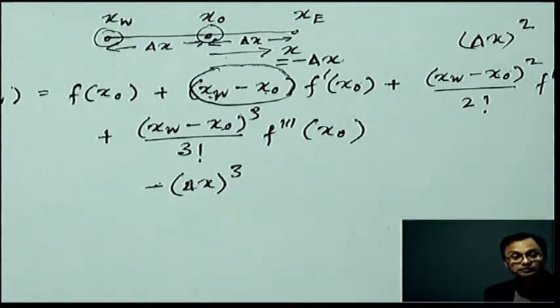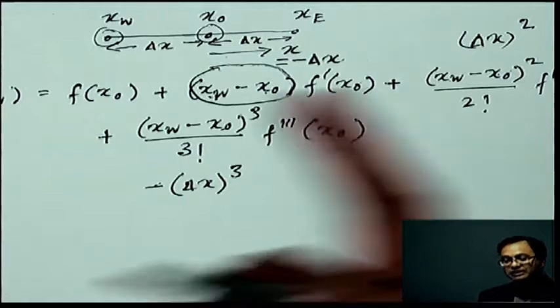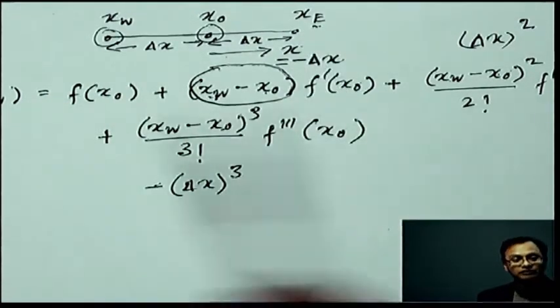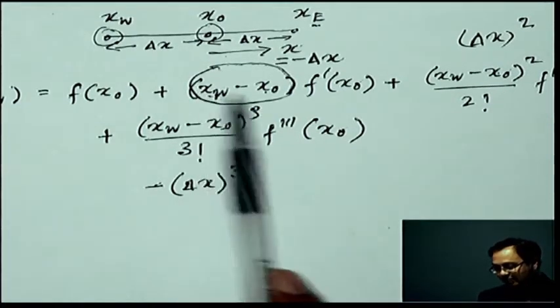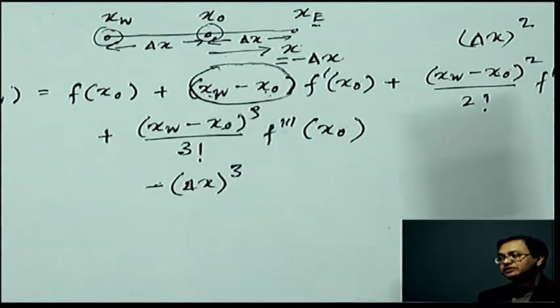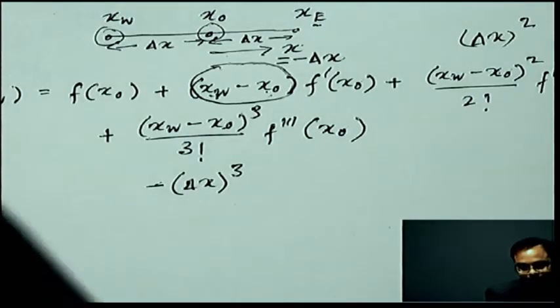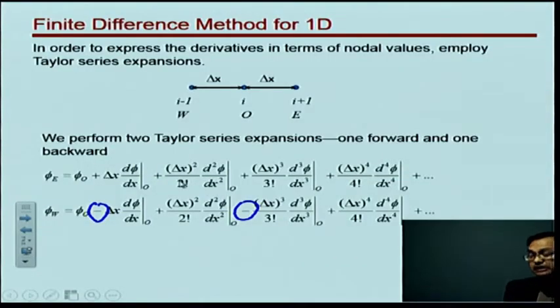If I were to do the same Taylor series expansion in the positive x direction for xe, all of these would come out positive, because in that case xe minus x naught would be just delta x, not minus delta x. So does everybody understand why we get the minus sign in the negative direction Taylor series expansion only for the odd terms?